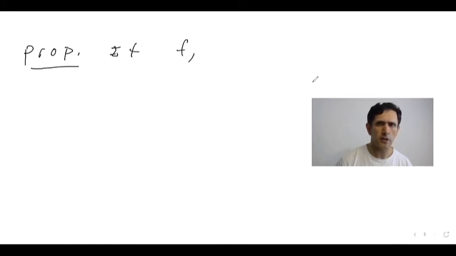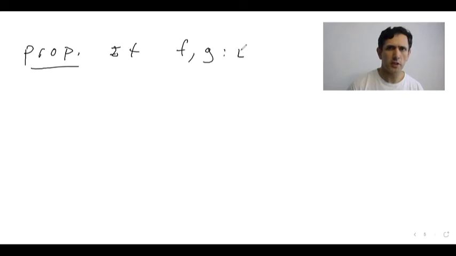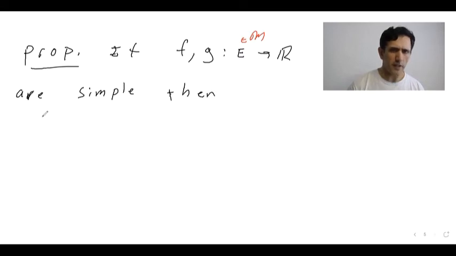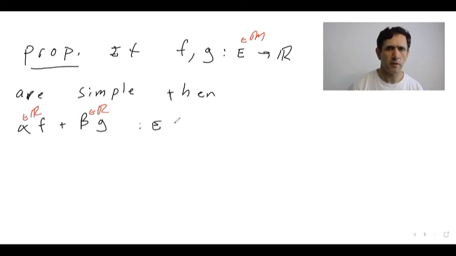If I have two simple functions, f and g, and they're both simple, well, I'll state it like this: alpha f plus beta g, let's say alpha and beta are scalars, then this is simple.